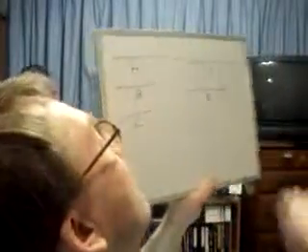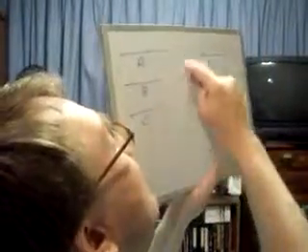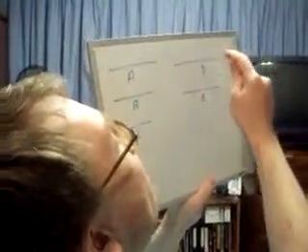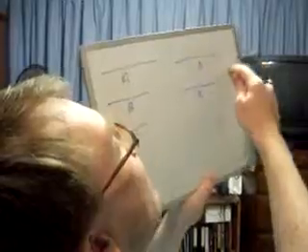Okay. So now what we're going to say is, as A is to C, as this line is to this line, so is the square on this line to the rectangle formed by these two lines. That's what that's saying.